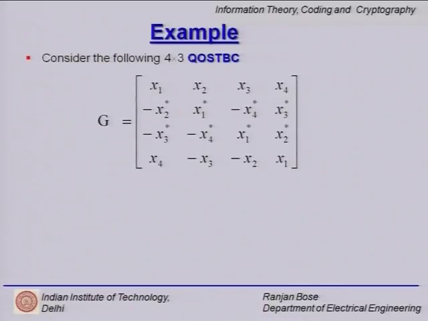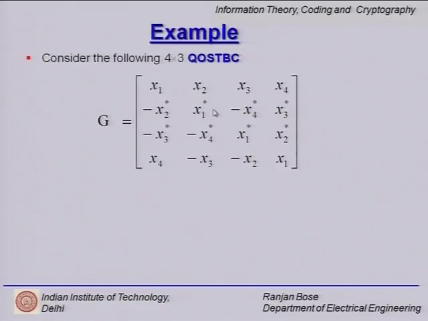Let's look at yet another example of a 4 cross 3 quasi orthogonal space time block code. 4 antenna elements as shown by the 4 columns, and we have got 4 time slots, and there is your quasi orthogonal space time block code that we have seen.